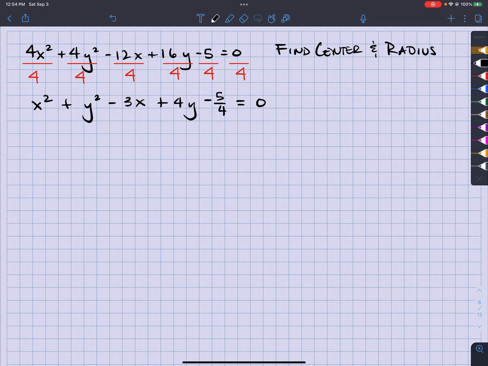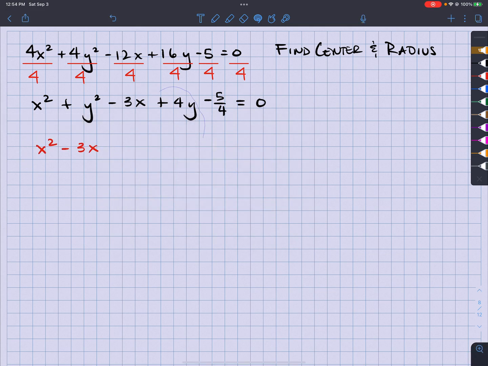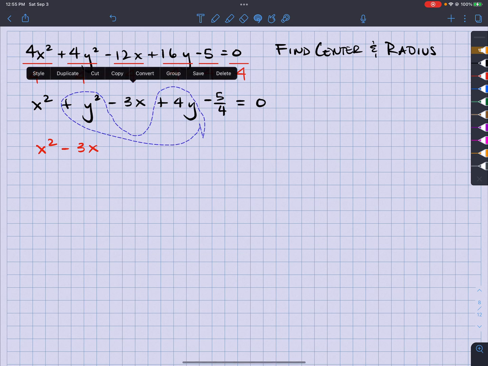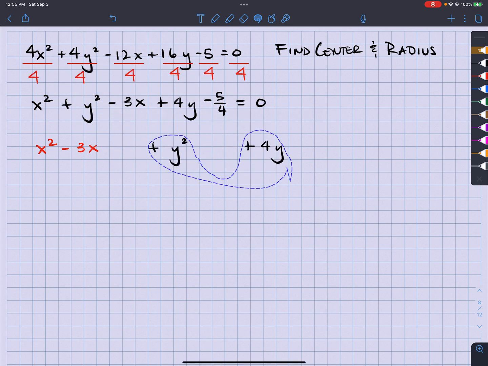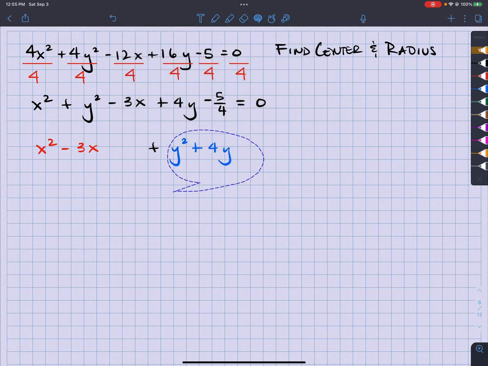Now what we want to do is get the x's by itself, get the y's by itself, and move the negative 5/4 over to the other side. By doing so, we'll have to add 5/4.